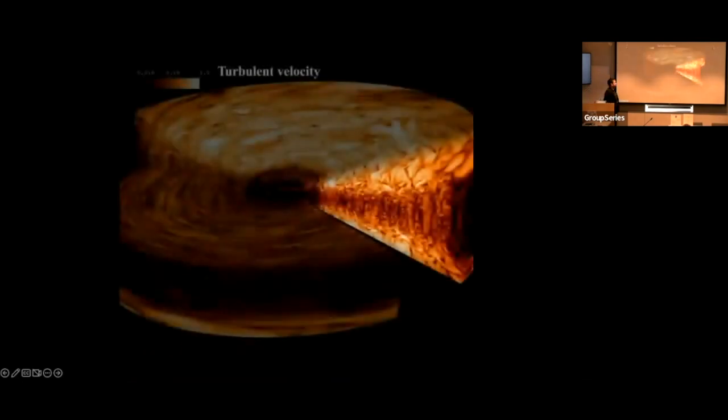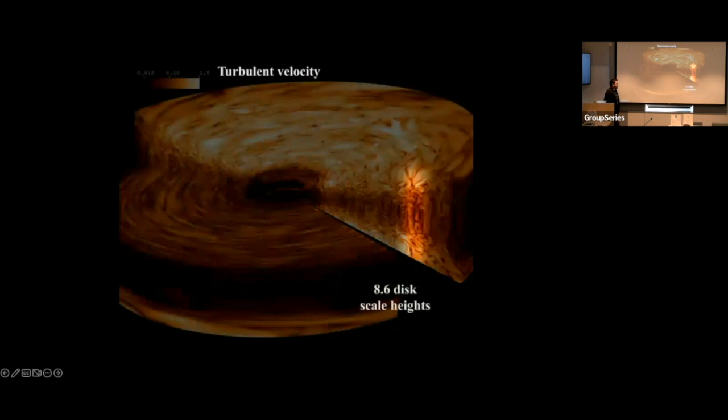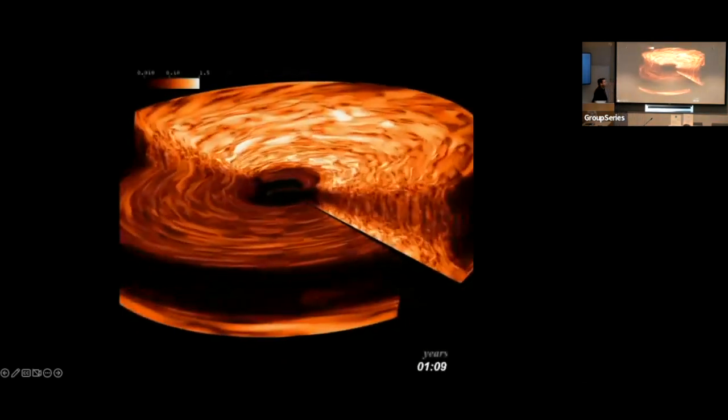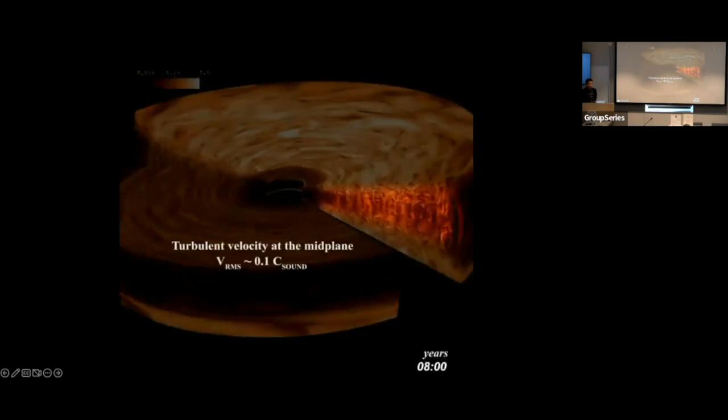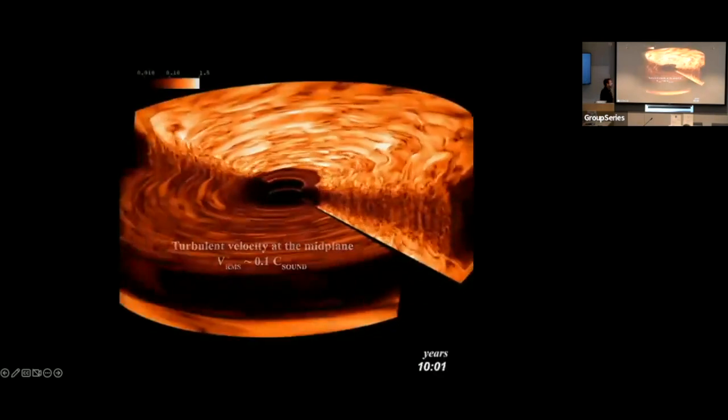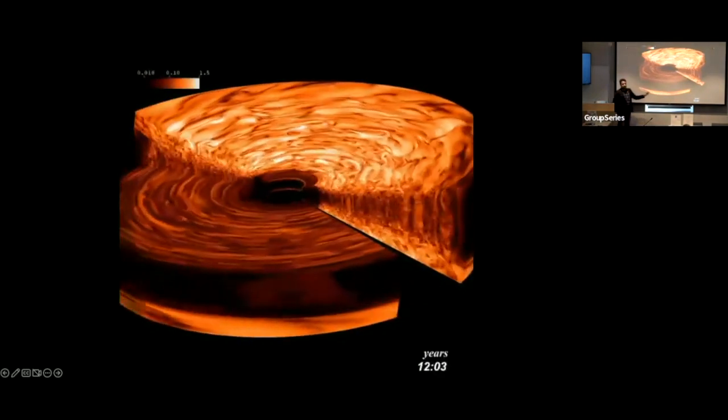Well, this is good news then, because we think that there is some sort of turbulence happening in disks. This is a calculation done by Mario Flock, now in Heidelberg in Germany, showing what I call the magneto-rotational instability in protoplanetary disks. It's an instability that happens when the disk is magnetized, right? You have here the disk being completely magnetized. This is ideal MHD.